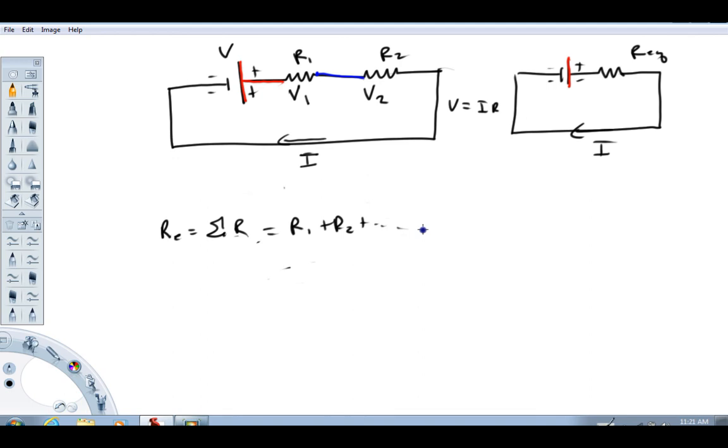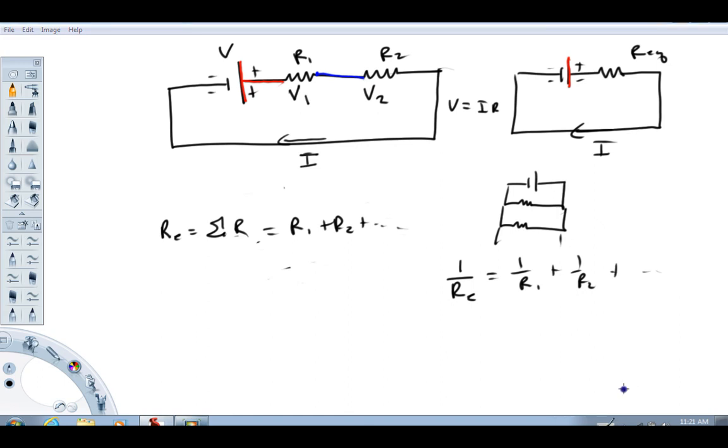If the circuit is a parallel circuit, and this is what the parallels look like, and perhaps more, then the equivalent resistance is found like this: 1 over equivalent resistance equals 1 over R1 plus 1 over R2 plus etc. Then you put in the values for R1, R2, R3, etc., and calculate the equivalent resistance as needed.